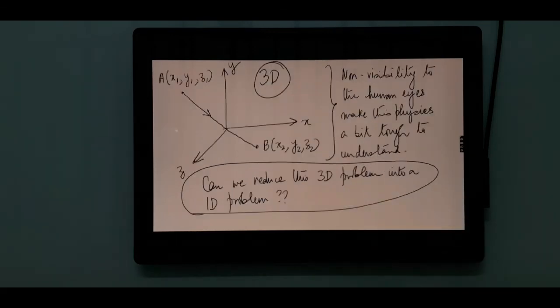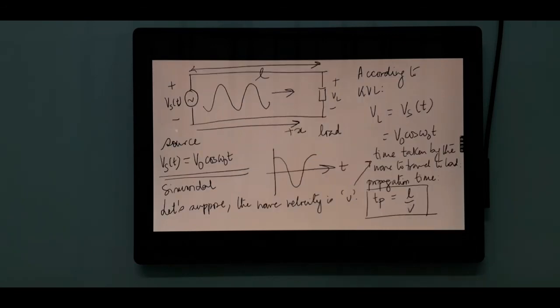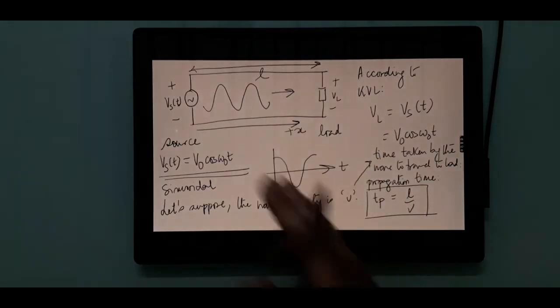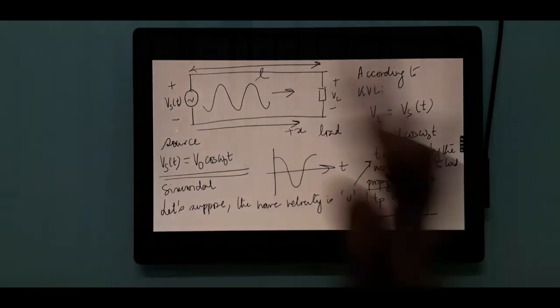And we said that all of these wave phenomena are 3D phenomena, and to make life simple, can we first convert this into a 1D phenomenon? Because if you understand 1D, in my opinion, it makes the analysis of 3D a little easier. So we made it a 1D problem by considering a wave that travels only in the plus x direction.